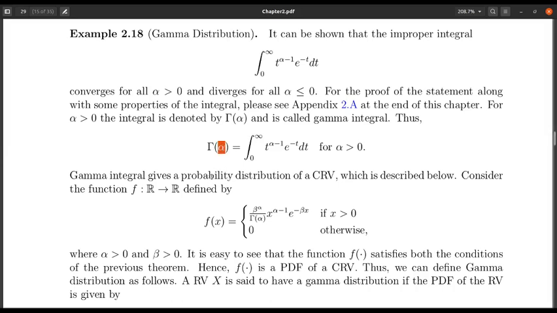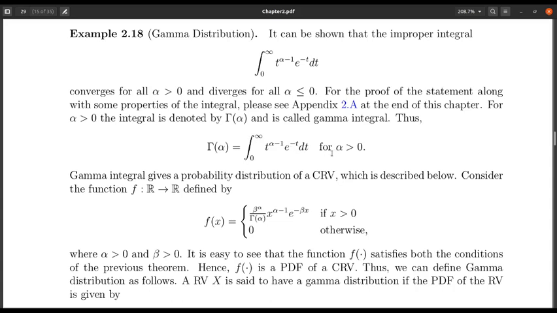It depends on alpha. Now if I divide this quantity by this one and take the integration, so if I take this quantity on this side, what will happen? It will happen that the integration from 0 to infinity of 1 by gamma alpha, t to the power alpha minus 1, e to the power minus t, is actually equal to 1.